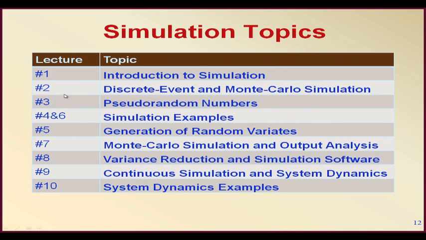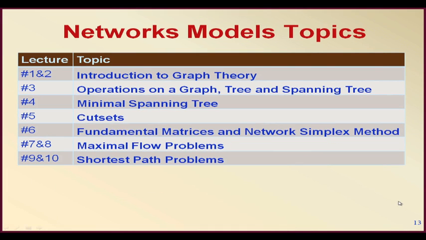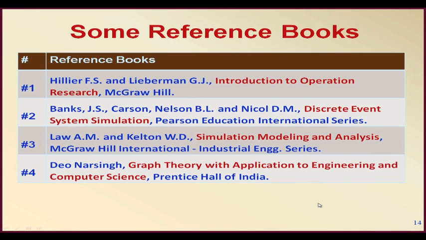There are 10 lectures on the simulation topic: discrete event, Monte Carlo, pseudo random numbers, random variates, output analysis, variance reduction, continuous simulation and so on. And finally, the network topics: introduction, graph operations, tree, spanning tree, cut sets, fundamental matrices and maximal and shortest path problems.